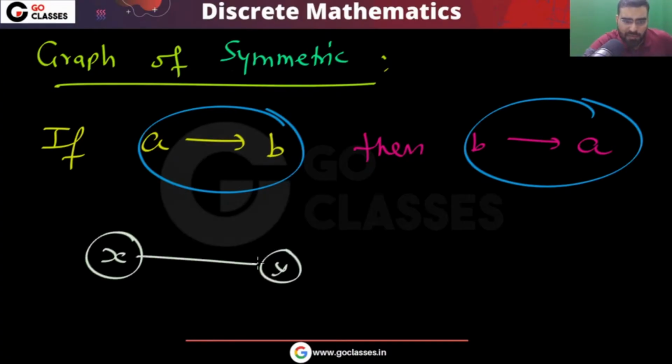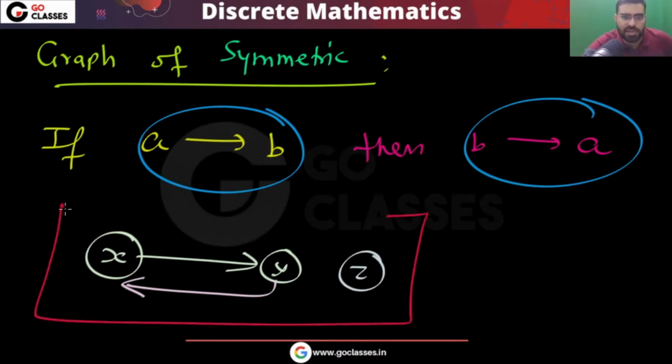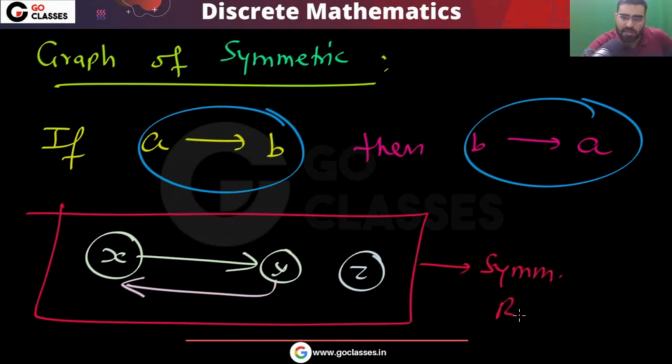For example, if you have this situation, then this situation must happen. But remember, this is fine: for example, this z not being related to this is fine. This graph is for a symmetric relation. This is also fine: for example, if you have some element m that is related to itself, this is for a symmetric relation.